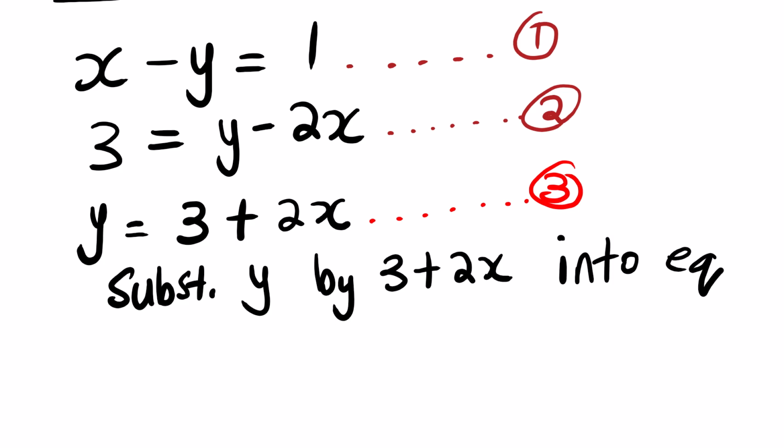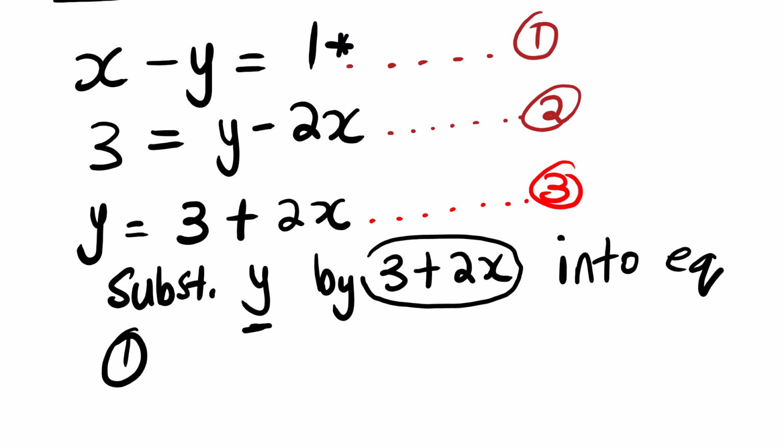Now it's very important to actually understand what is happening here. To generate equation 3, we used equation 2. So writing our statement, we are going to say substitute y by 3 plus 2x into the equation which we didn't choose, which is equation 1. So in simple terms, I'm trying to say where I see y in equation 1, I will substitute or replace y by 3 plus 2x into equation 1.